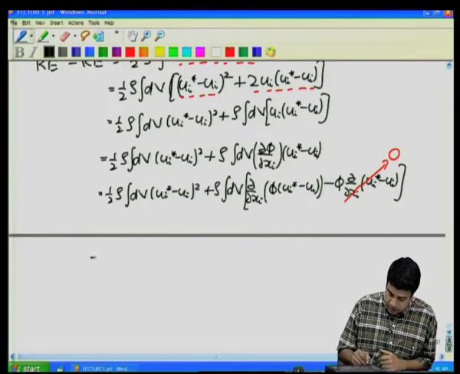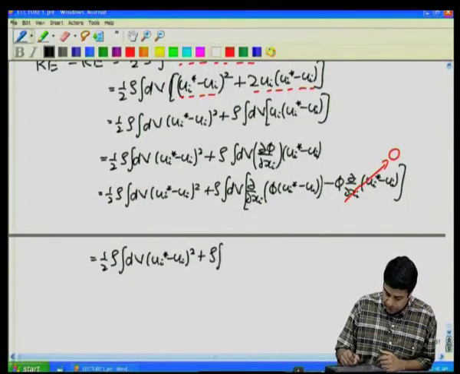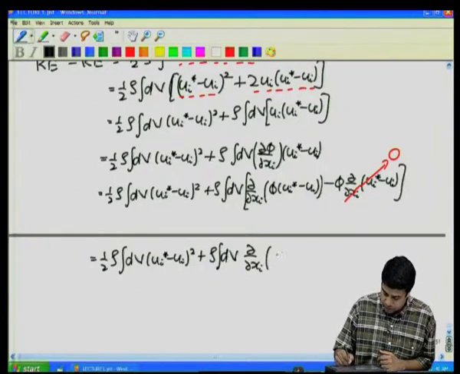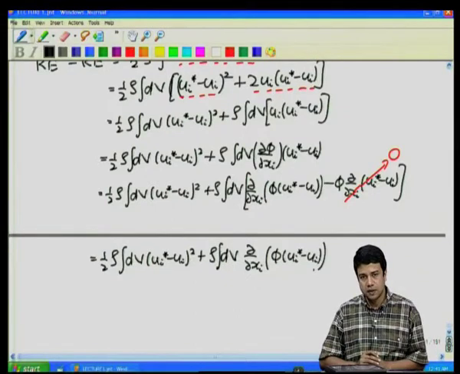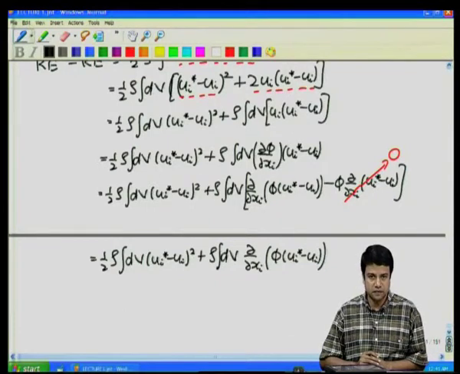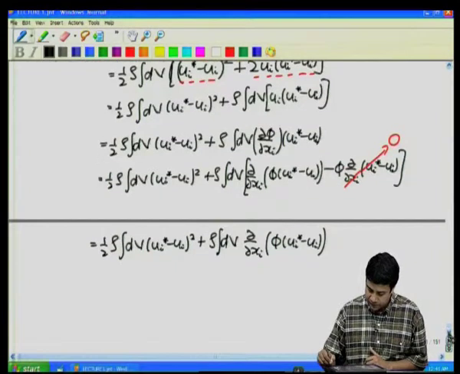Okay. I am just left with half rho integral dV of (ui star minus ui) the whole square plus rho, and the integral over the volume of the divergence of some vector is equal to the integral over the surface of the unit normal times that vector.